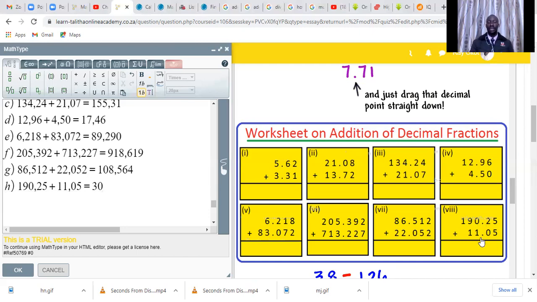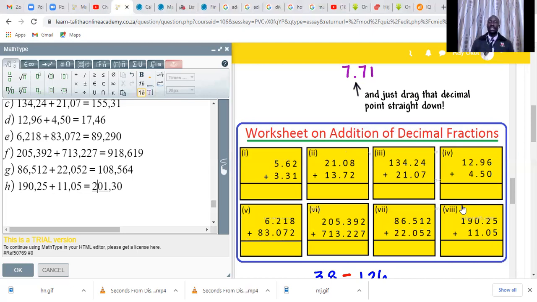We have dragged down the decimal point. Then now when we add 0 to 1, well, what we get is a 1. And when we add 9 to 1, what we get is a 10. So you write 0, you carry 1. This one is added onto 1 to give us a value of 2. So yes, this is how calculation is carried out.